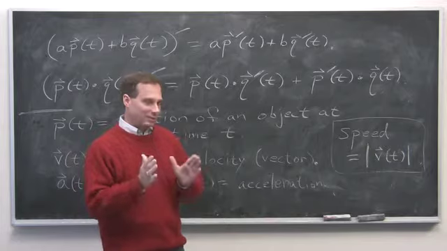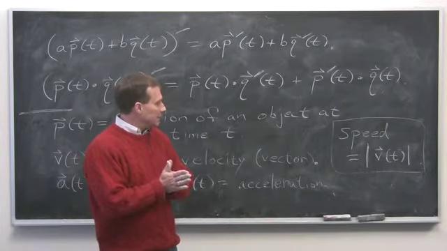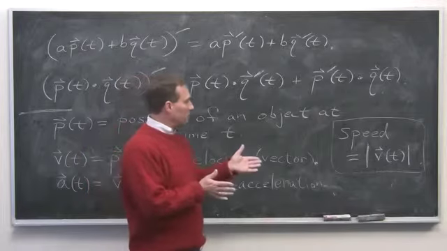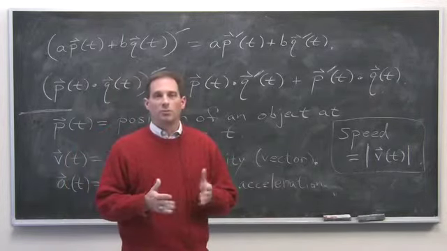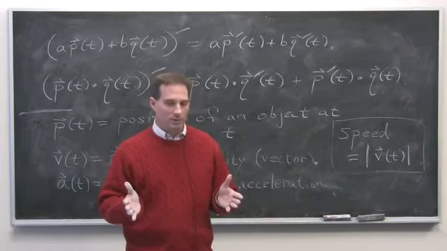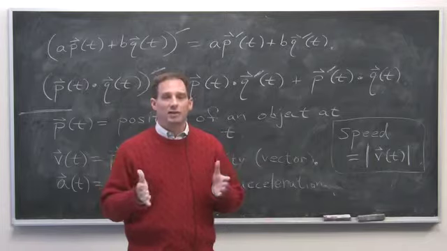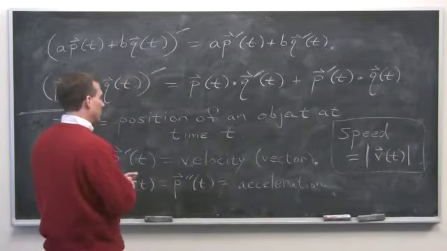Well, that is the magnitude of a real number. So this should make sense. If you say you're going 3 miles per hour northwest, that's your velocity, and your speed is just 3 miles per hour. It's a scalar, the magnitude of the velocity vector.